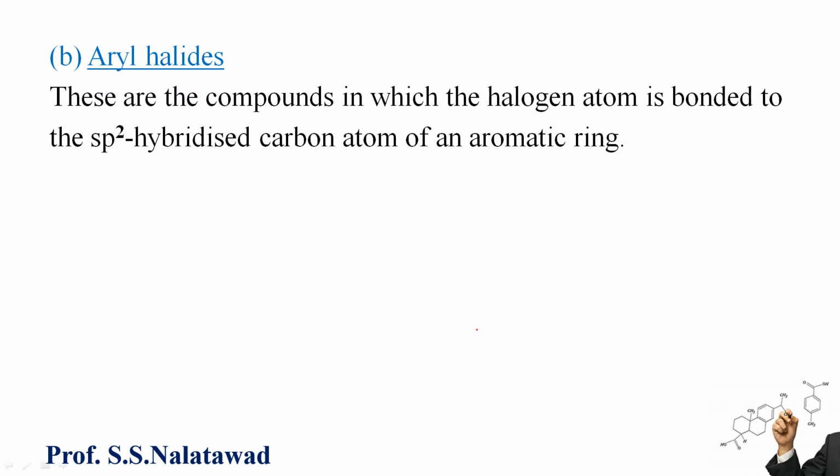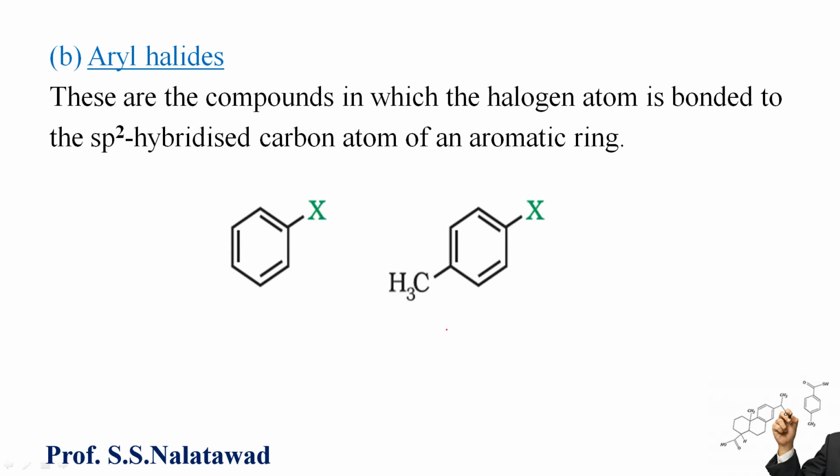These are the compounds in which the halogen atom is bonded to sp2 hybridized carbon atom of an aromatic ring. Here we have halogen attached to the aromatic ring, and in next example halogen is also attached to the aromatic ring, which is further attached to a methyl group. So these halides are called aryl halides.